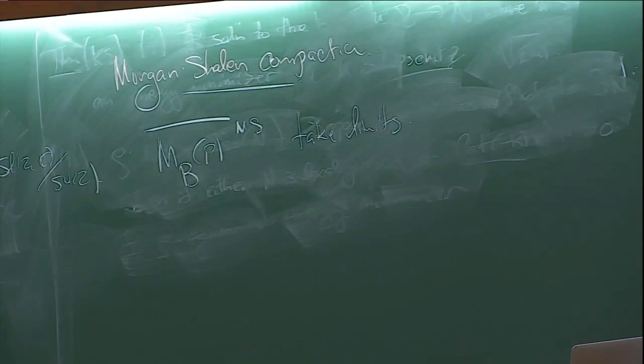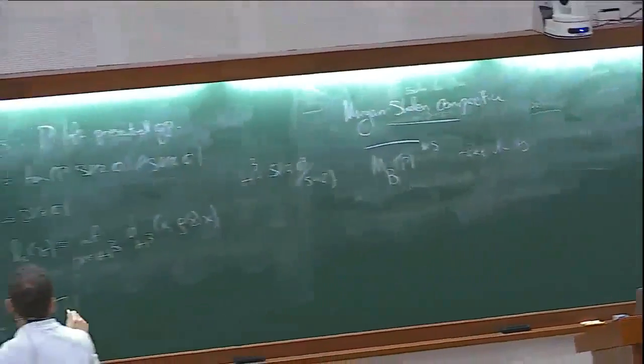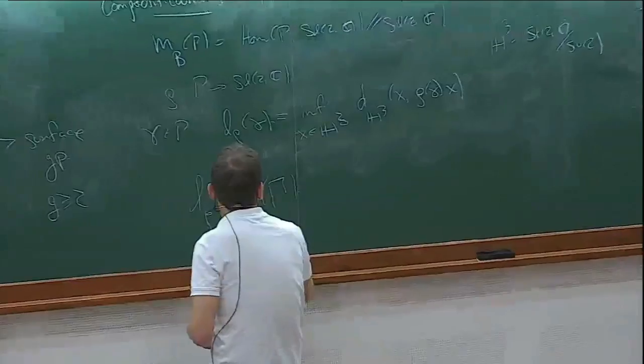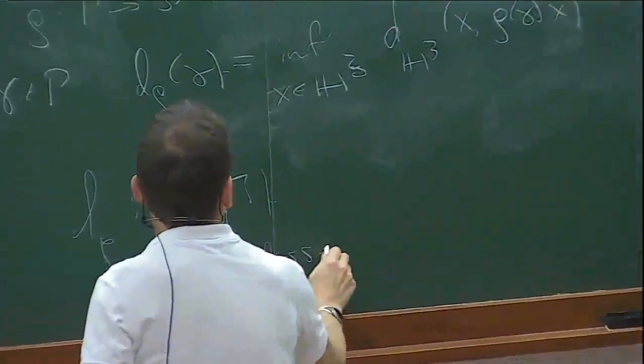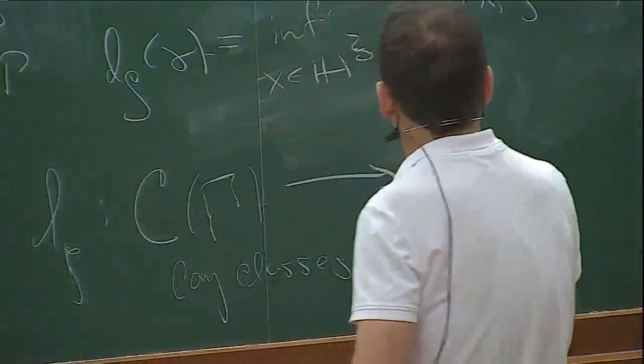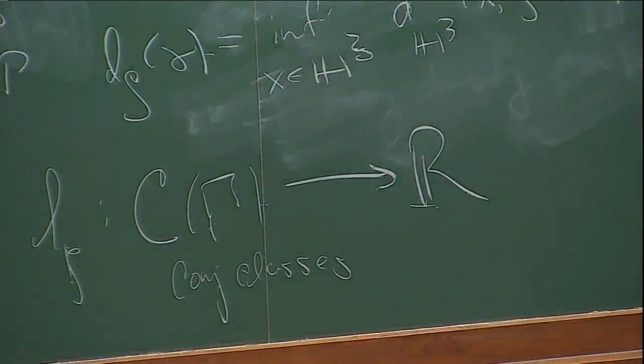So here, let me just say that this gives me a function on the space of conjugacy classes in gamma. Okay, so associated to a representation, I get a function on conjugacy classes, to R plus, I guess. And so the Morgan-Shalen compactification compactifies the space by looking at projective limits of these guys. It takes projective limits of length functions.